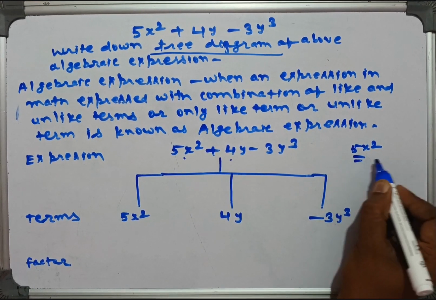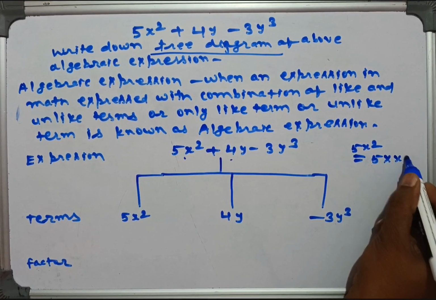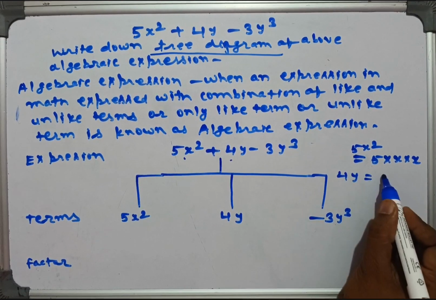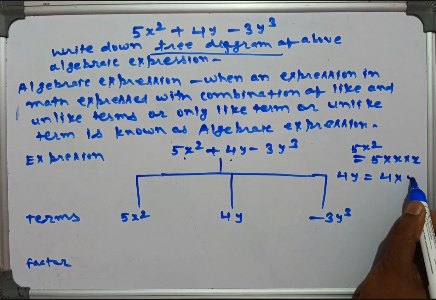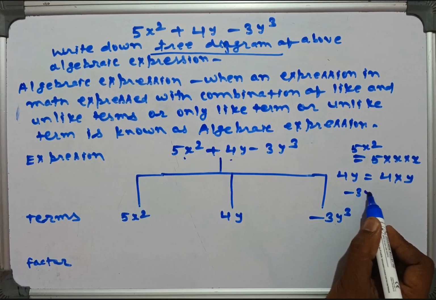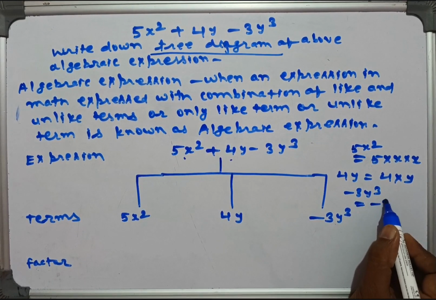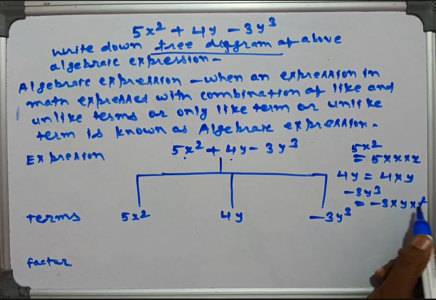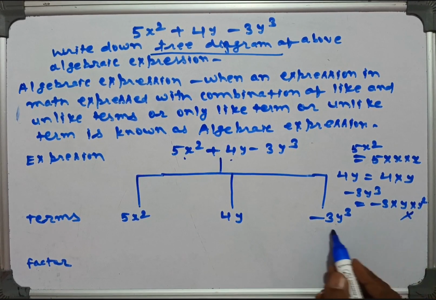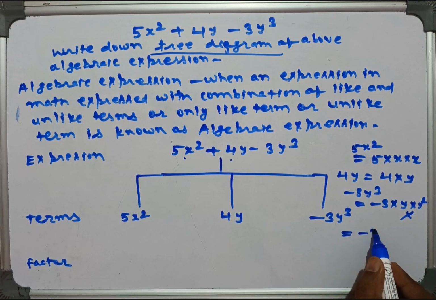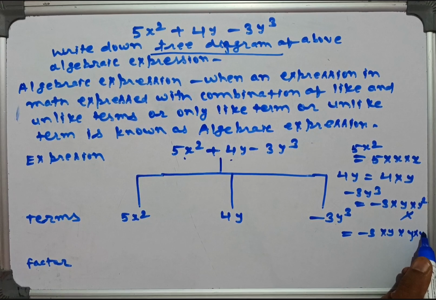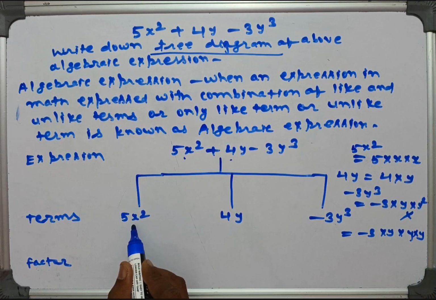We can write here 5 multiplication x multiplication x, 4y, 4 into y, and minus 3y cube equal to minus 3 into y square. This one is wrong, guys. So what will be the correct? Minus 3 into y into y into y.